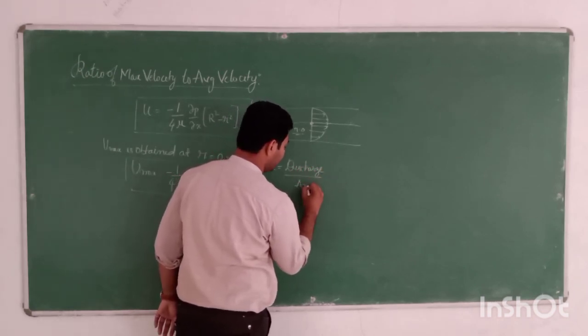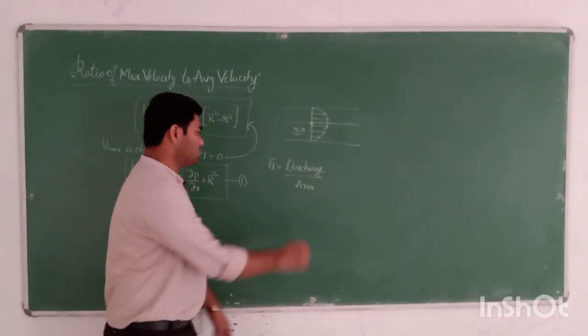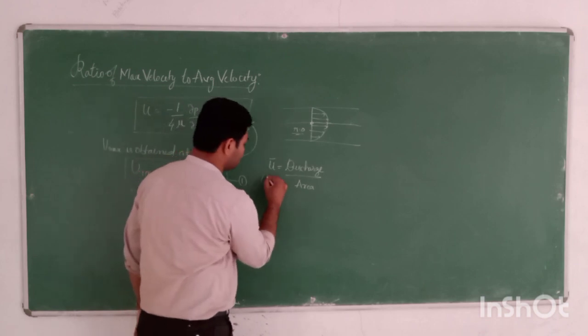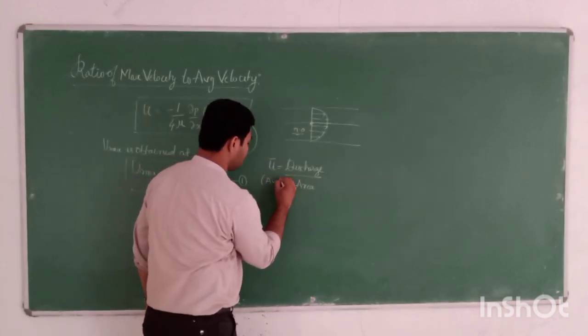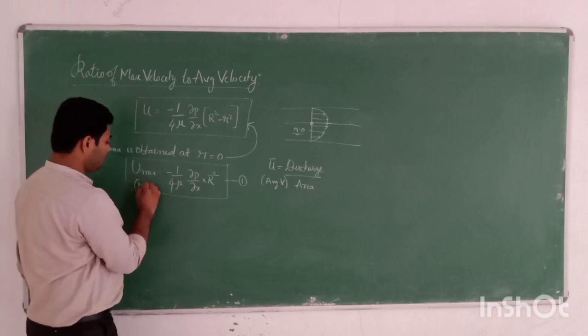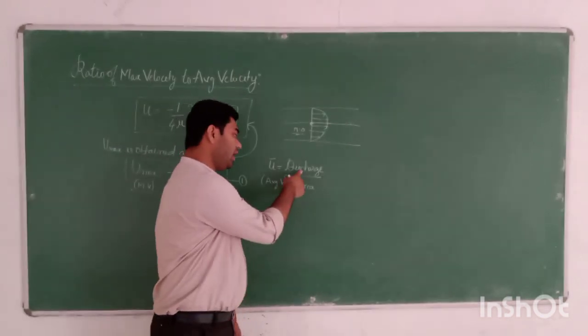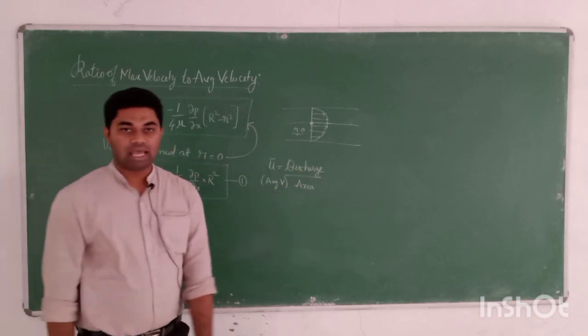The formula for average velocity is nothing but discharge by area.